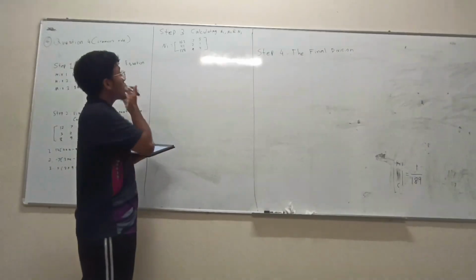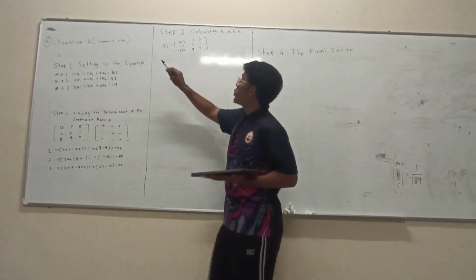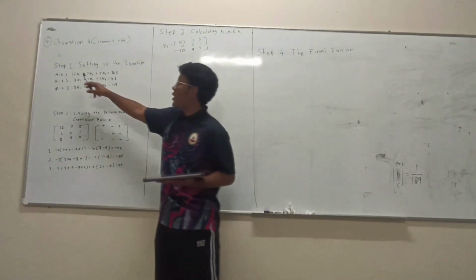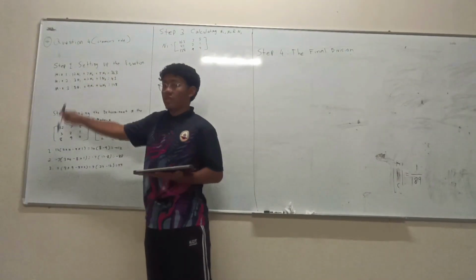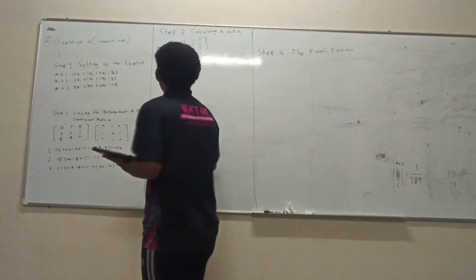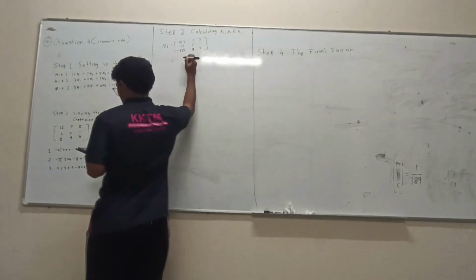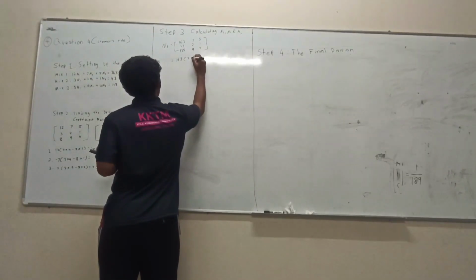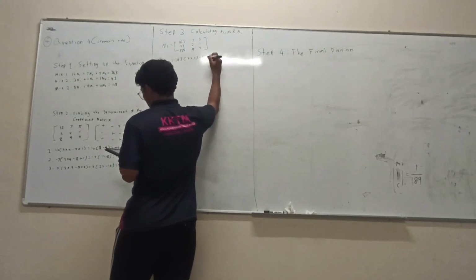Why do we put the answer here? First, we want to find N1. As you can see, N1 is here, the straight line, so we change it here. This is how to count it. Minus.